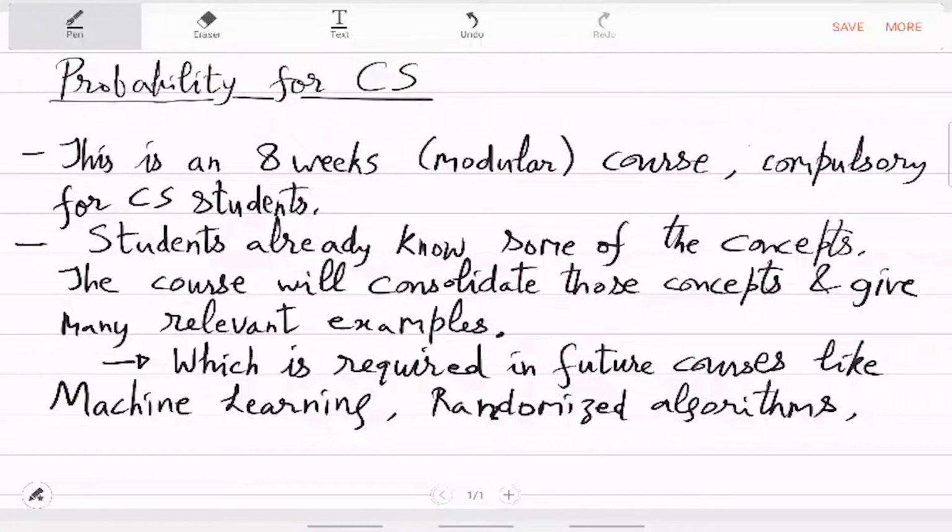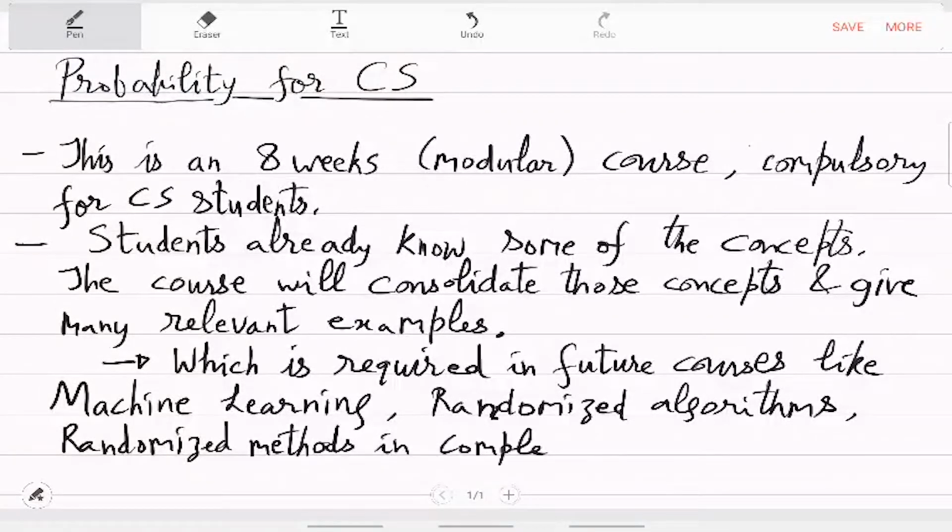And randomized methods in complexity. So whether you are interested in theory or in practice, in both kinds of courses, probability will be omnipresent.